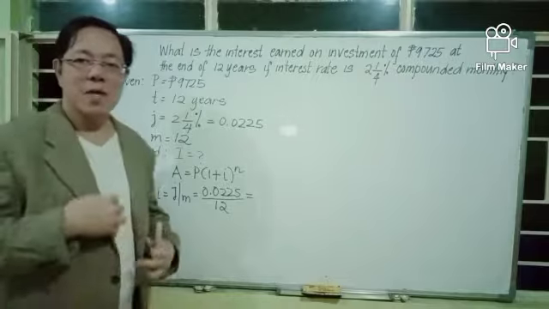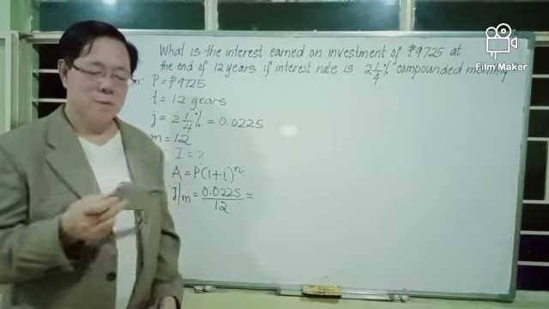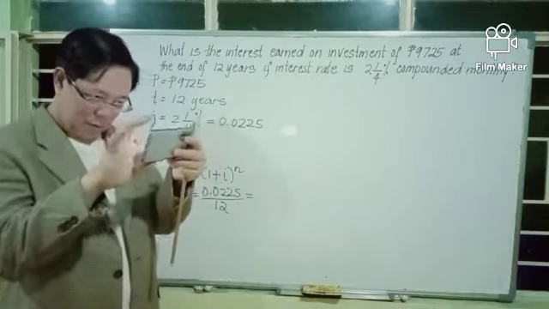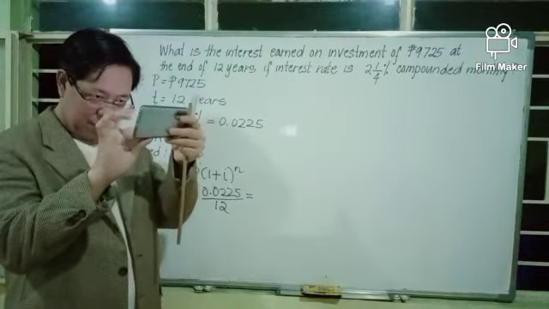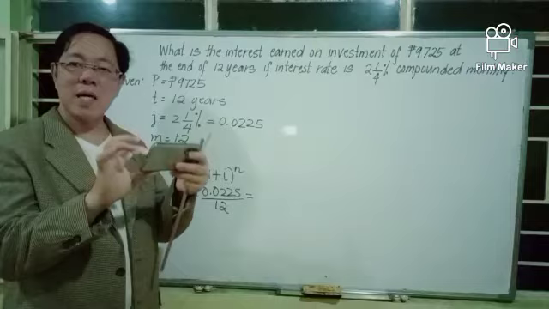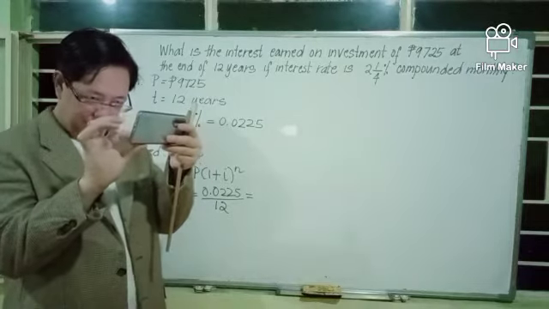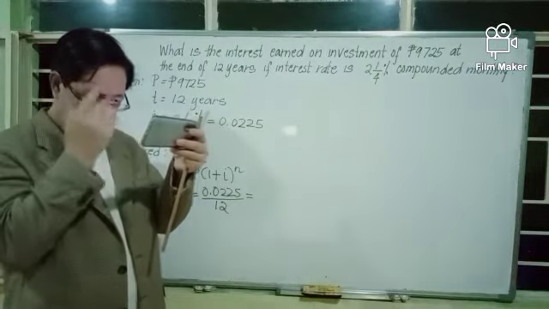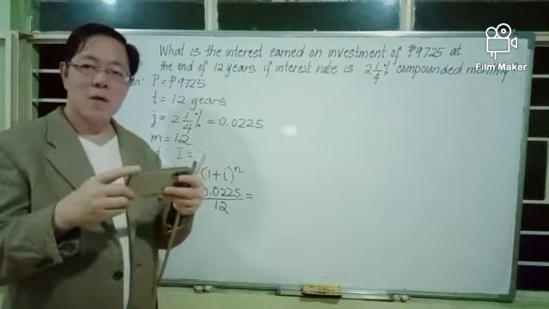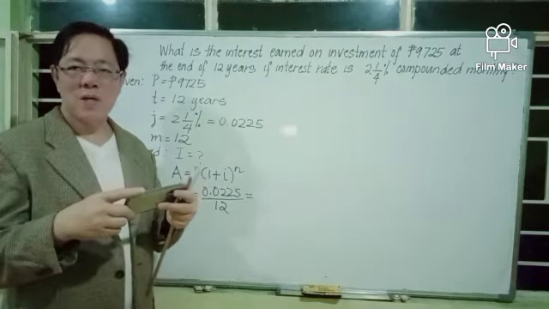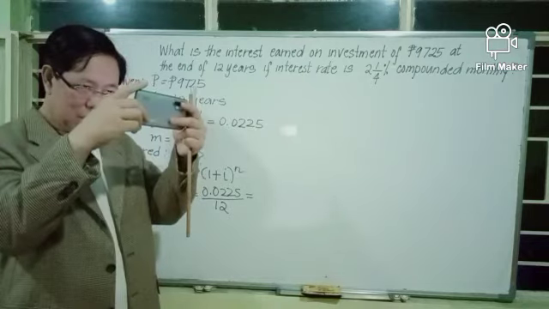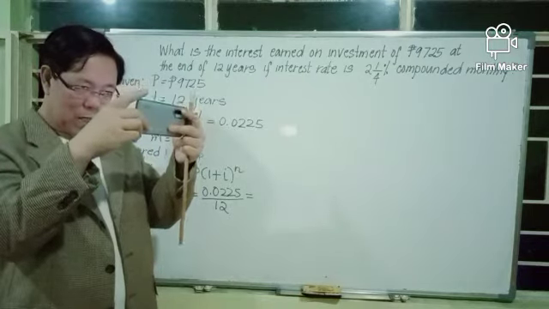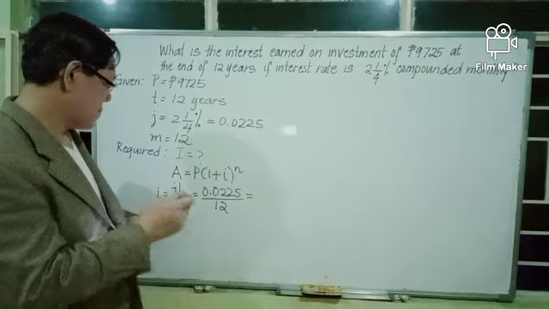And we compute that using our calculator. We have 0.0225 and divide that by 12. And do not round off yet because we will only round off in the final answer. And you should get 0.001875.